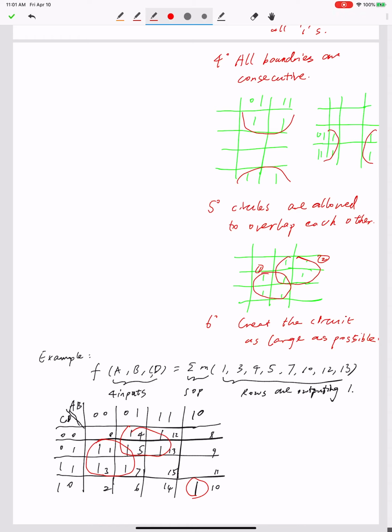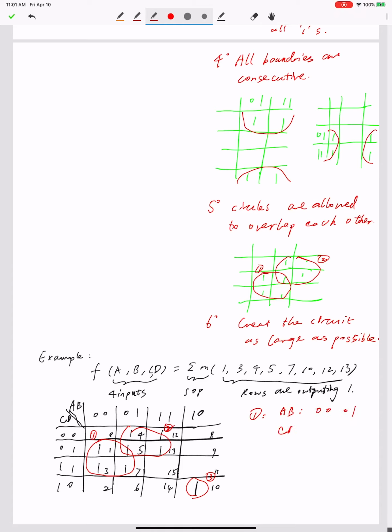Alright, after circling, you see we have 3 circles, and we just need to represent these 3 circles with the logical product. Let's label them first: circle 1, circle 2, and circle 3. So how to represent circle 1? Circle 1 occupies for AB, 0, 0, and 0, 1.